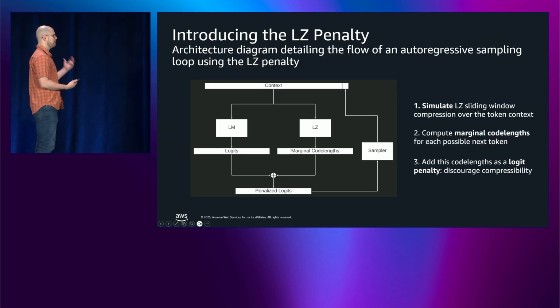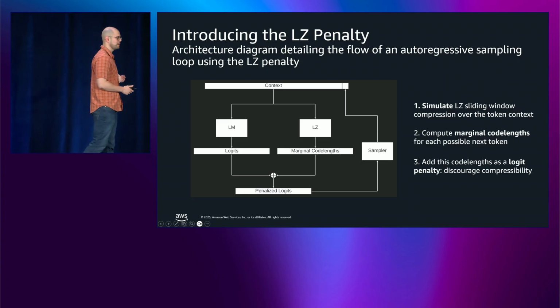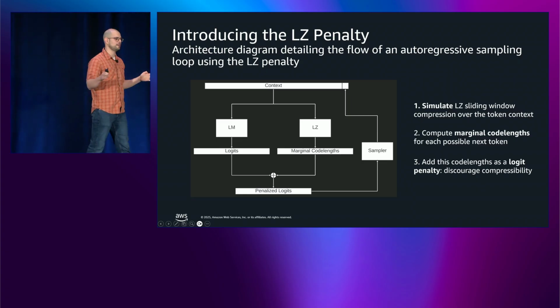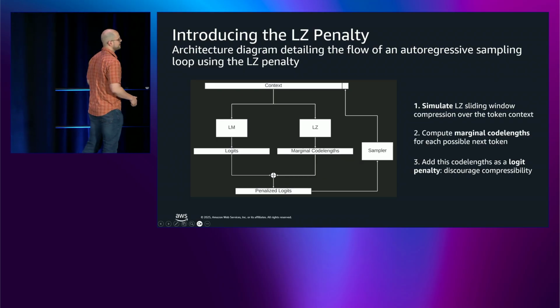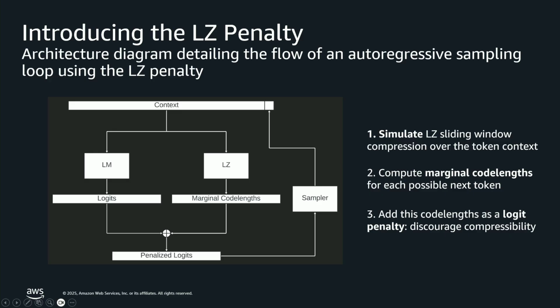So how do we actually apply this LZ algorithm to the language model? During the sampling of a language model, it looks like this, where we have a context. That context gets fed into the language model, which produces what are called logits. These logits tell the sampler what probability to assign to every possible next token.